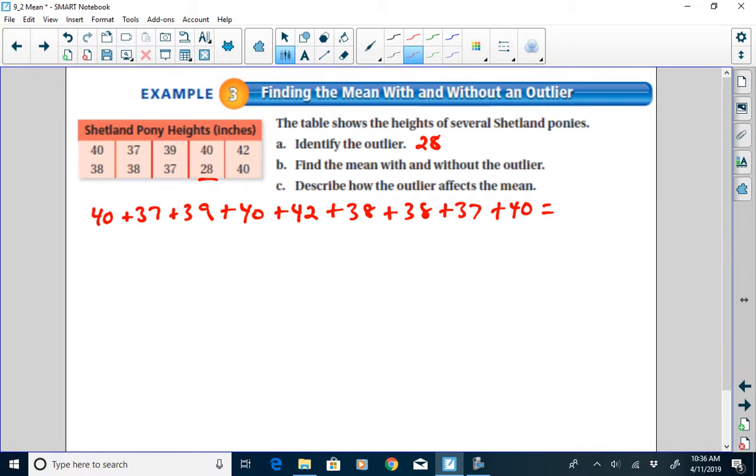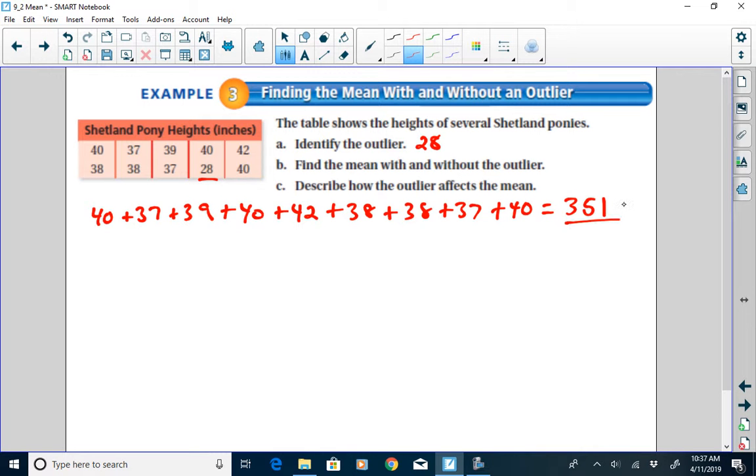That's going to be the mean without the outlier. So let's add them together. That gives us a sum of 351.